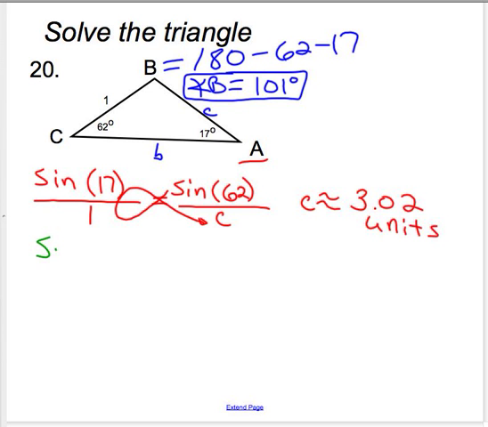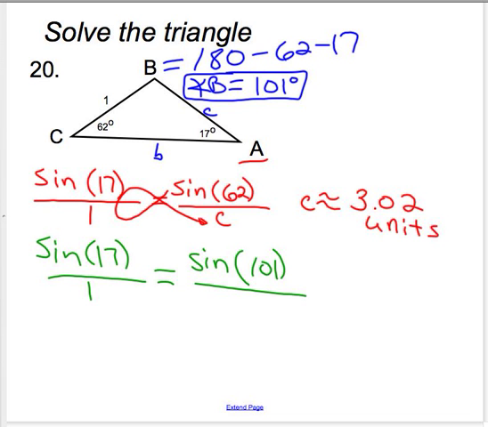I can reuse the first ratio. It's supposed to say sine of 17 over 1. And this time, I want to use angle B. So that would be the sine of 101 over the side across from it. Sine of an angle over the side across from it.